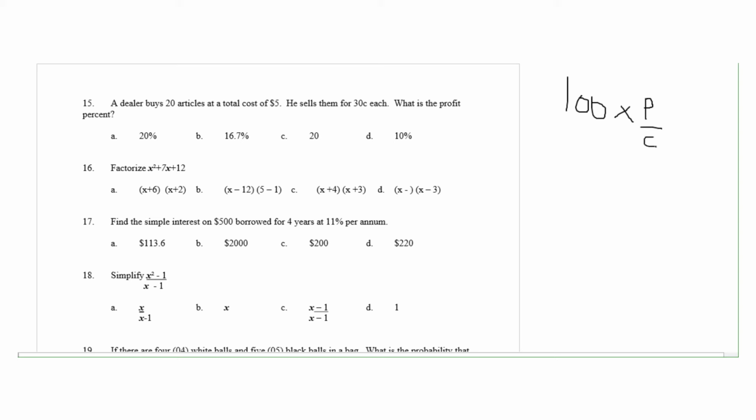So in order to find the profit, I first need to calculate the selling price for the 20 particles, and that's 20 times 30 cents, that's 0.30. And when we multiply that, we're supposed to get 6. And now to find the profit, profit equals the selling price, which is $6, minus the cost price, which is the $5, equal to $1.